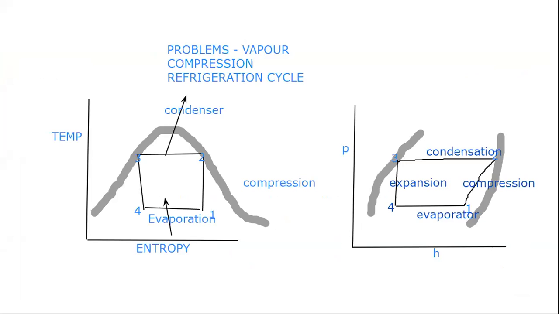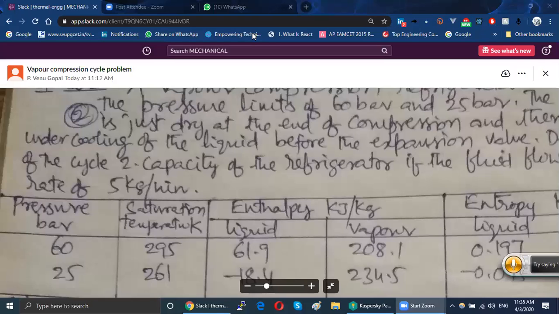Next, he has given that the working fluid is just dry at the end of compression. So what it means is, we have a compression process. After the compression, what is the state of your vapor?